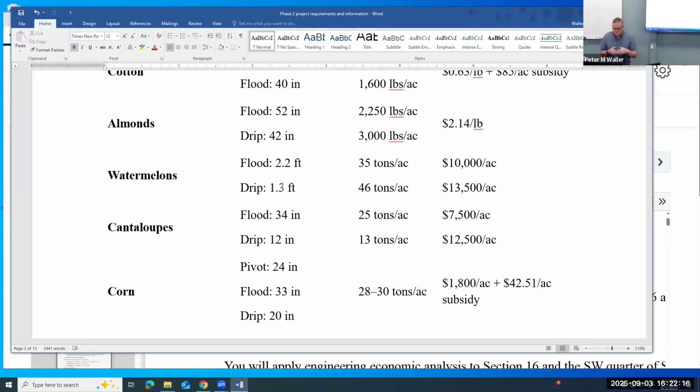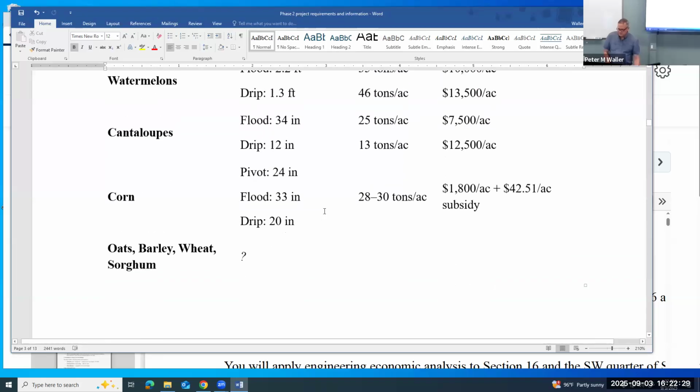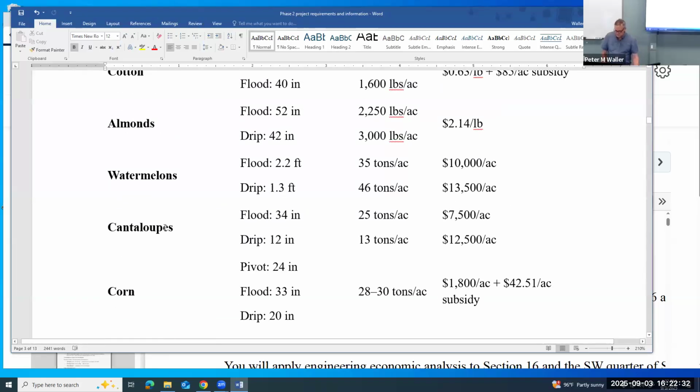So they're very careful with the rules. But I was thinking with the watermelons and cantaloupes, maybe it doesn't matter so much because it's got a rind over it. But anyway, I looked it up and it said you can irrigate watermelons and cantaloupes with pivots. So if you want to do that you can. I imagine the depth will be the same as the drip for the watermelons and cantaloupes.